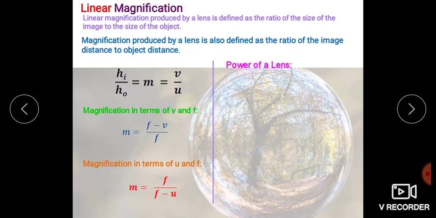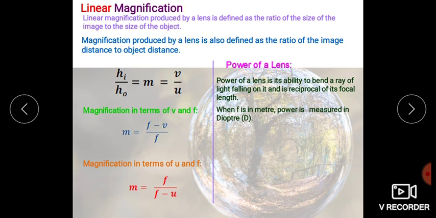Next, the most important is the power of a lens. The power of a lens is the ability to bend a ray of light falling on it, and it is the reciprocal of its focal length. Exact definition: the degree of convergence or divergence of a lens is simply its power.